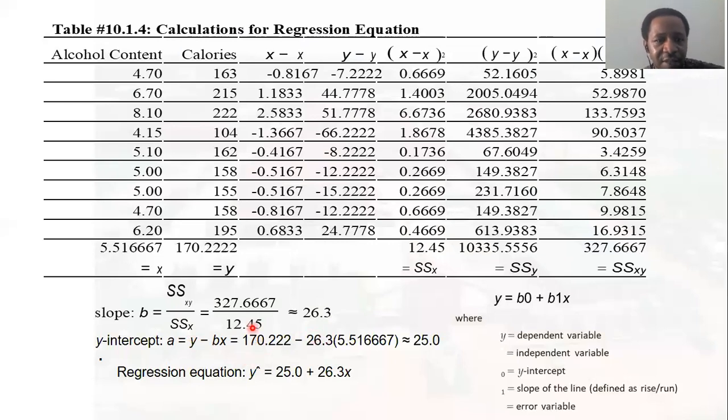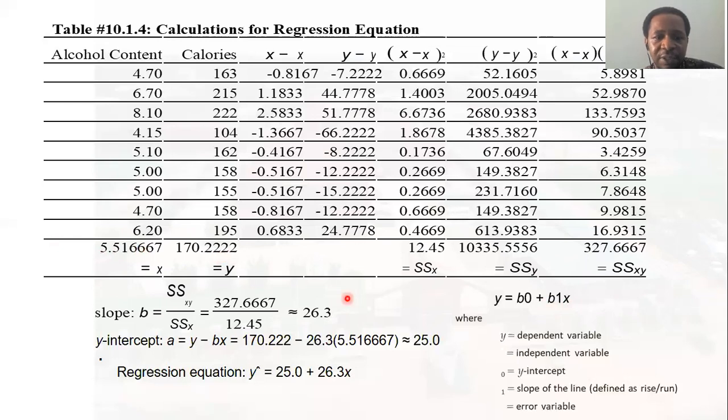Your y in this case is 170.2222. You substitute it for y: 170.22, subtract your beta value, 26.3, multiplied by your x value. Remember, x is 5.516667.